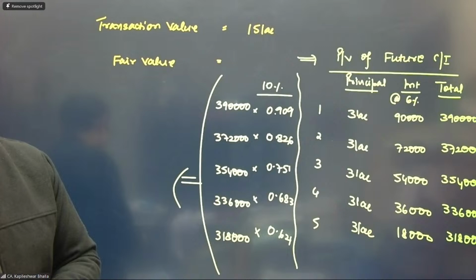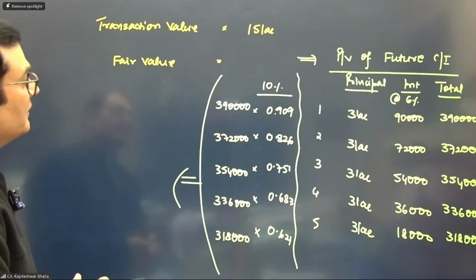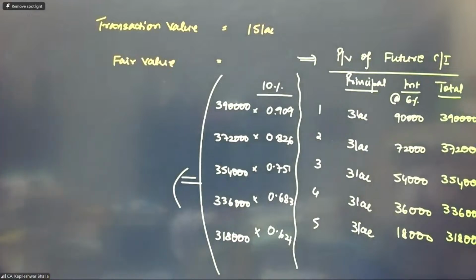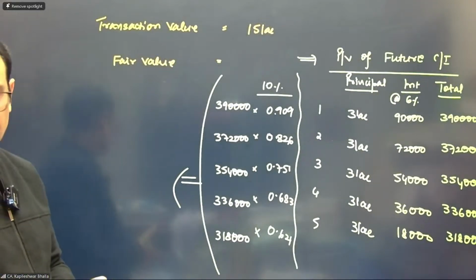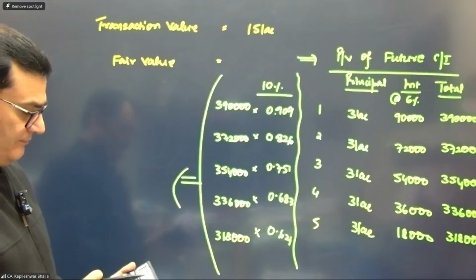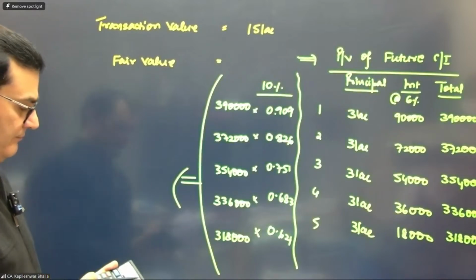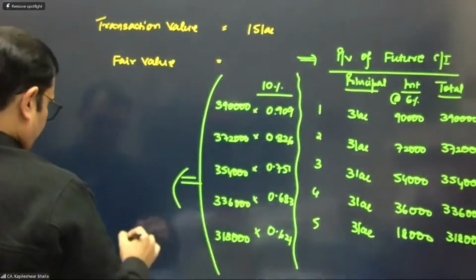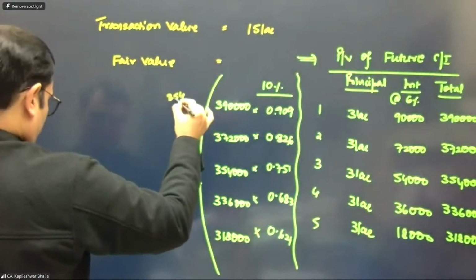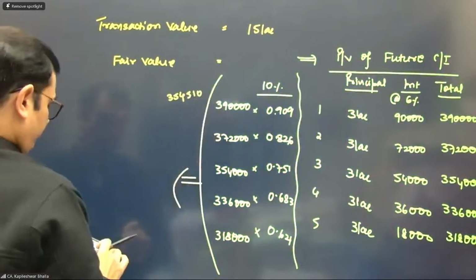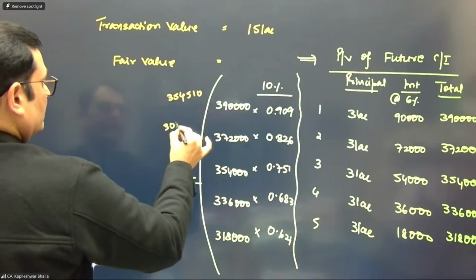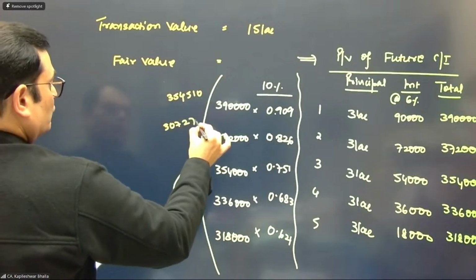So that's, I think, the main calculation to be done now in this case, that we need to calculate the present value of all these future inflows, principal, and the interest repayments. The first one is 354,510, 307,272.